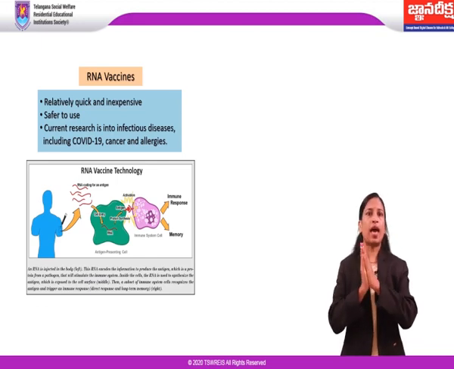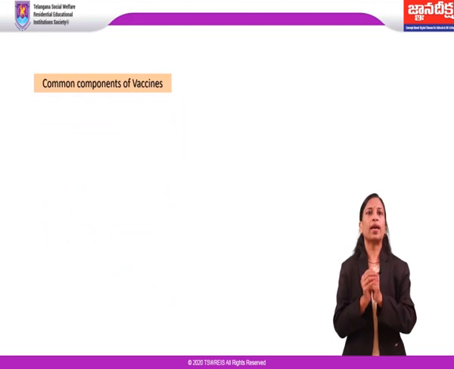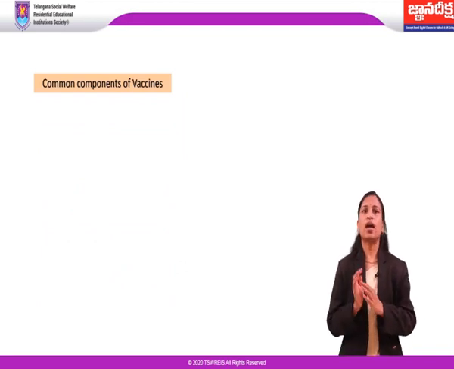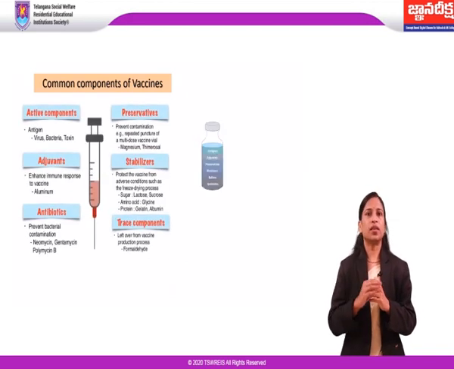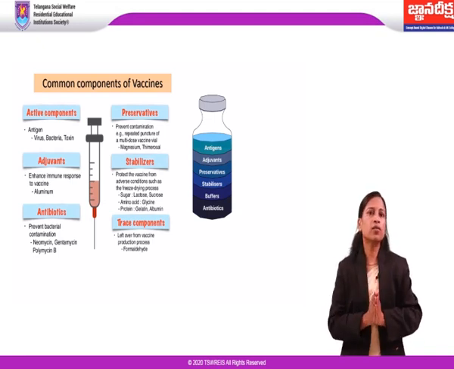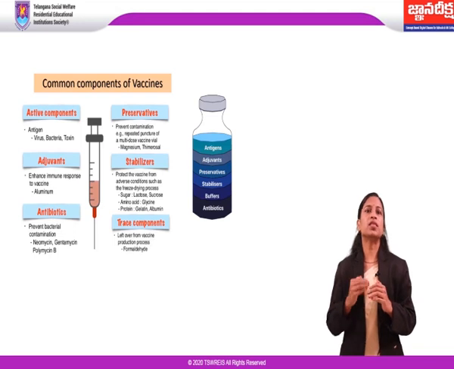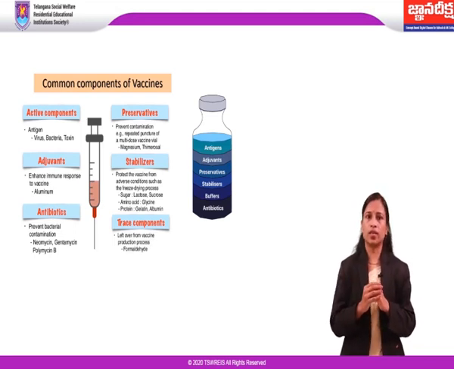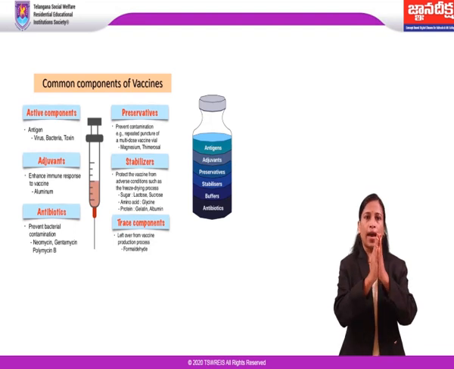Now, we shall have a look at different components of vaccines including antigens, adjuvants, antibiotics, preservatives and stabilizers. Antigens are the active components derived from the structure of disease-causing organisms which induce immune response. Adjuvants enhance immune response to vaccines.